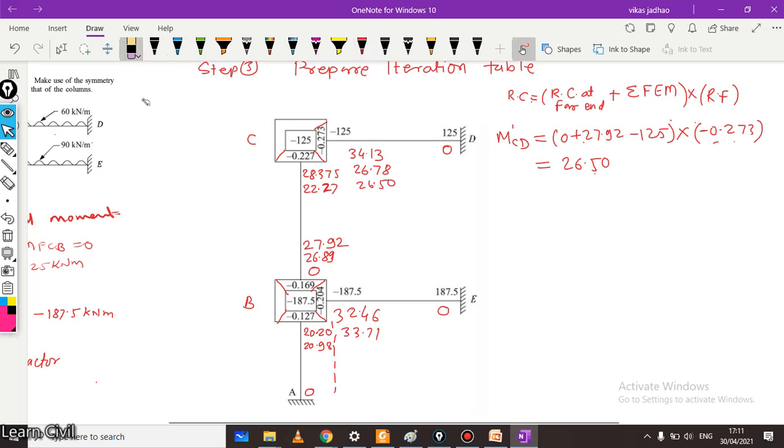Similarly, we can find out the rotation contribution for CB. All the values will be the same, only the rotation factor will change.